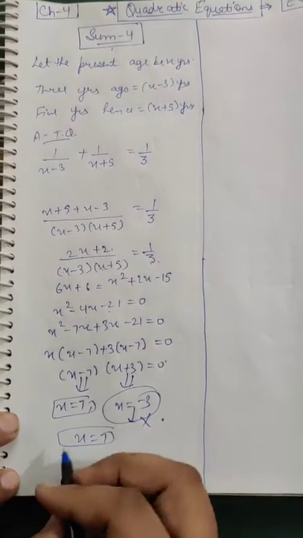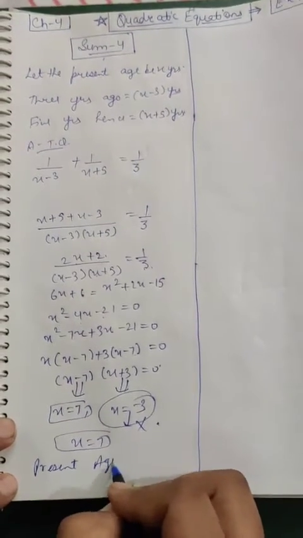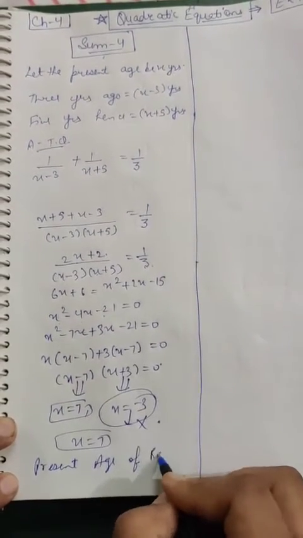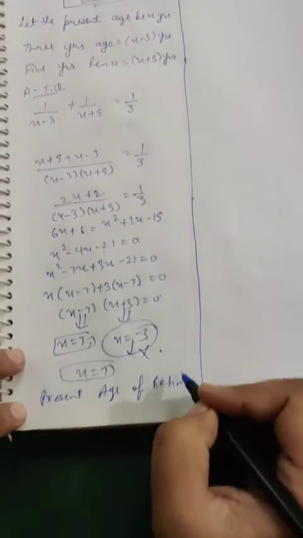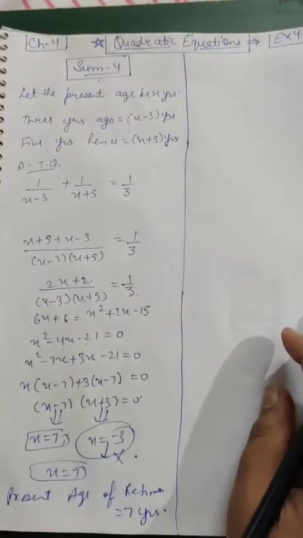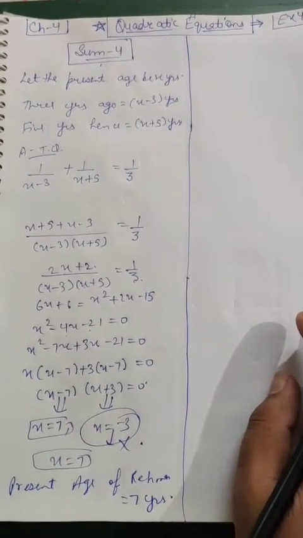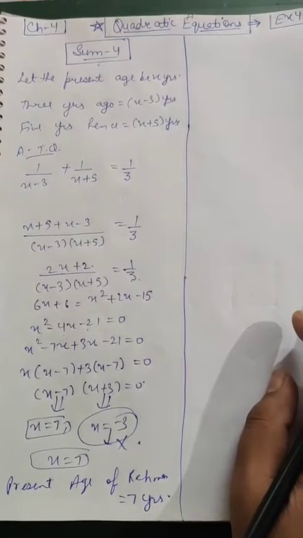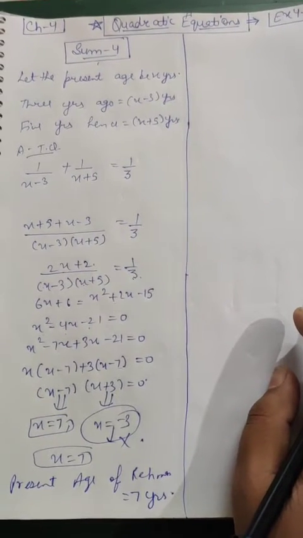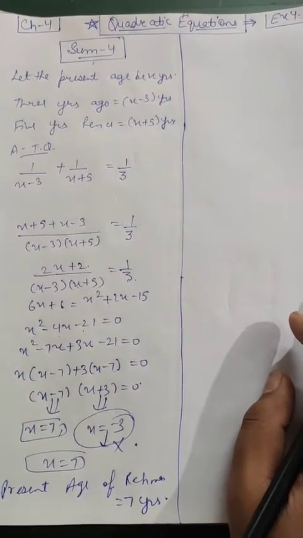So the present age of Rahman is 7 years. Let me say this question once again: the sum of the reciprocals of Rahman's ages 3 years ago and 5 years from now is 1 by 3. Find his present age.